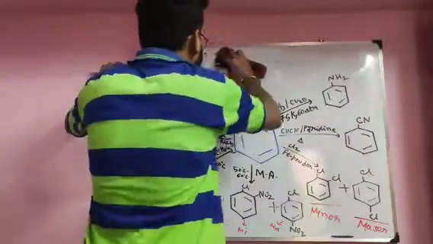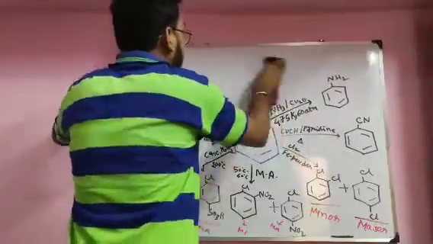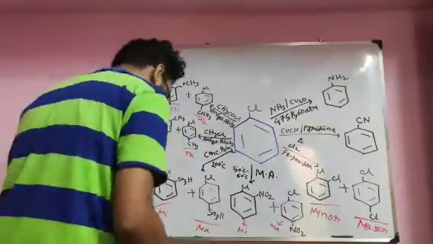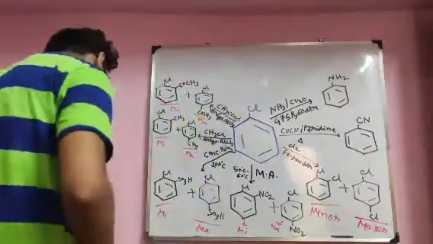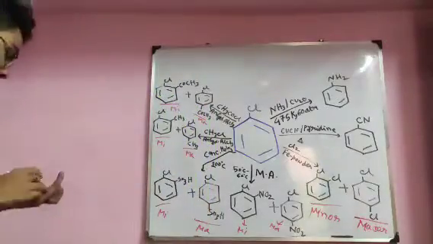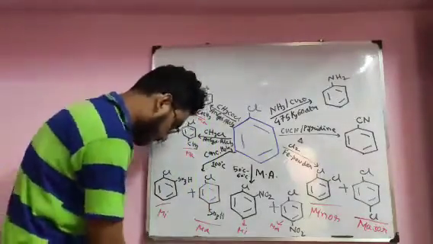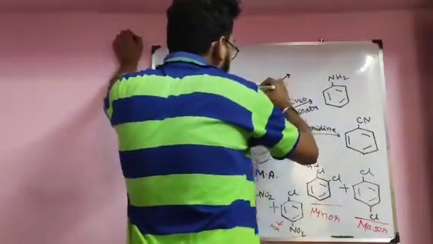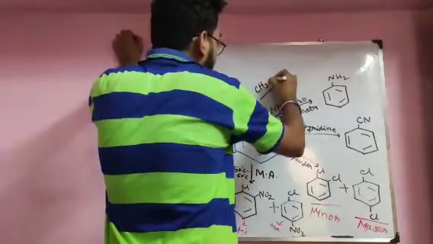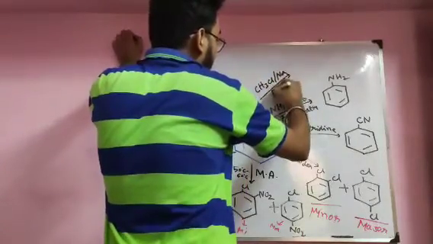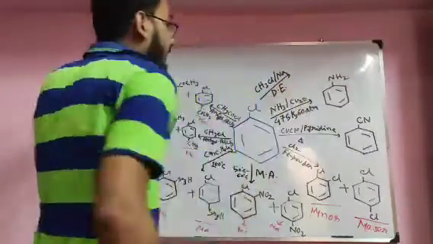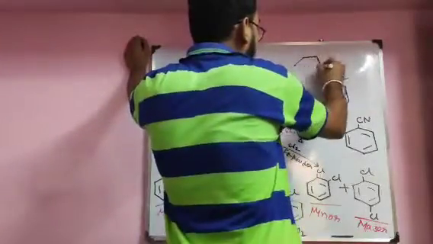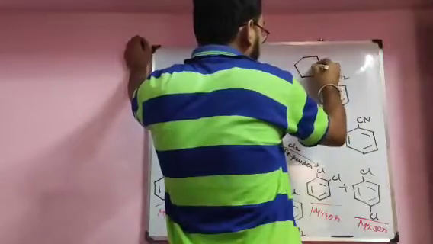Next is Wurtz-Fittig reaction. If we give CH3Cl, sodium and dry ether, then the product will be toluene or methyl benzene.